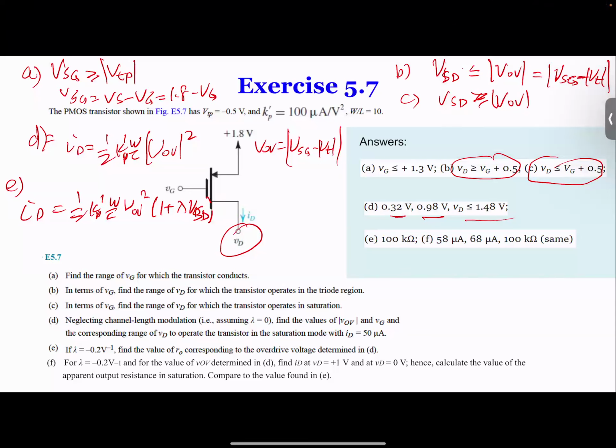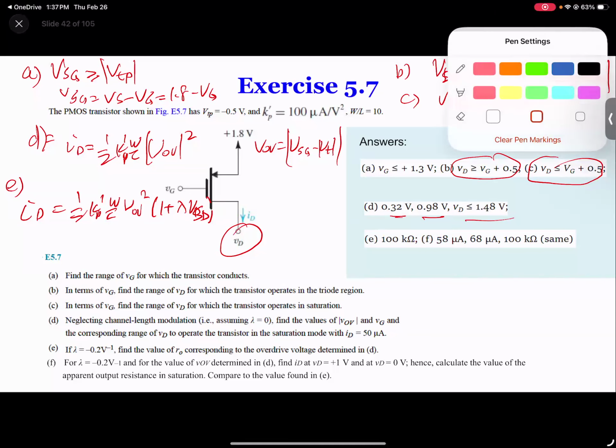No square, just that. So here you plug in lambda, which is given.